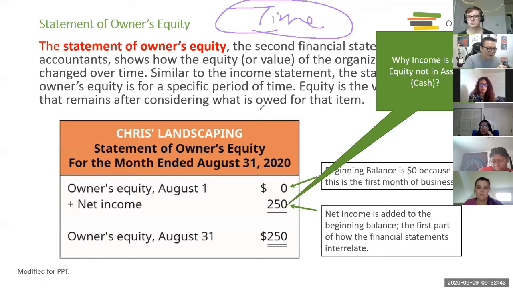It may take a while, right? So once again, why is the income in equity but not in assets, in hard cash? Why is the net income not exactly equal to hard cash?